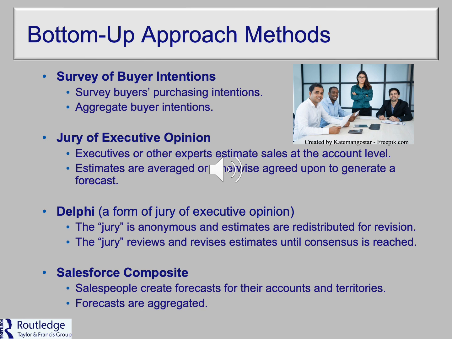Okay. The jury of executive opinion is similar, but it comes from an internal frame of reference, meaning that executives and other experts within the organization come together to forecast sales for individual accounts, and then the estimates are averaged or agreed upon to generate the overall forecast.